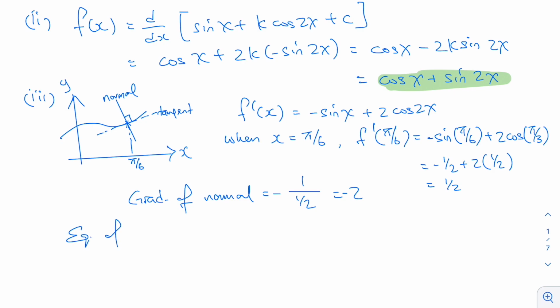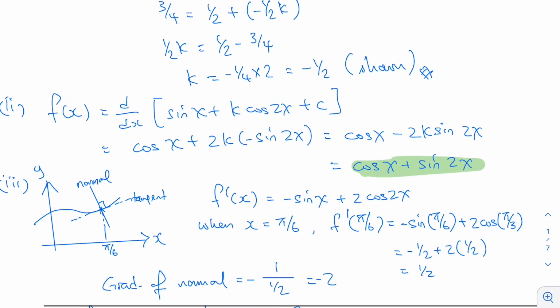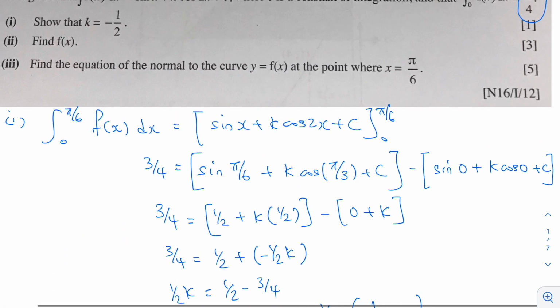So the equation of the normal would be y equals negative 2x plus c. Now we still have an unknown c, so how do you find c? Substitute the coordinate when x equals pi over 6. What is the value of y? y is equal to the function f(x) when x is pi over 6.